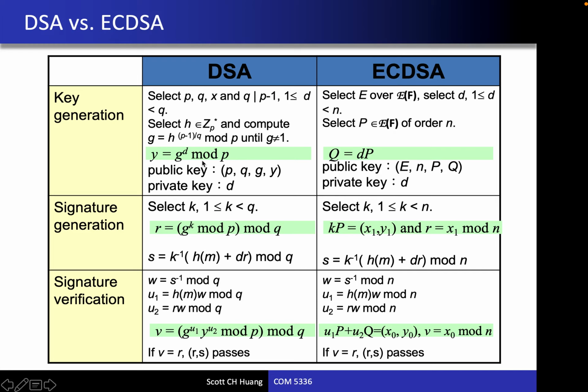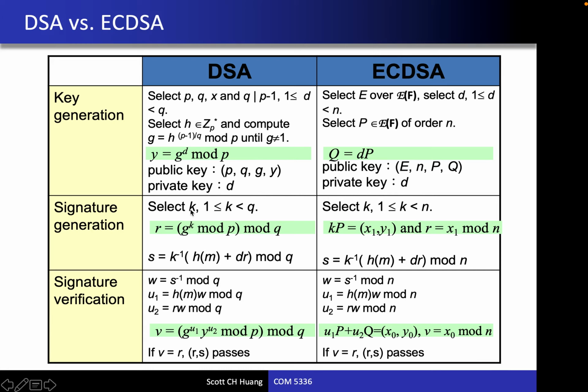For key generation, in DSA y is g raised to the power of d. Here it is big Q, where we select a point G of order n, the base point itself, so Q is equal to dG. The public key is Q, the private key is d, which is an integer.